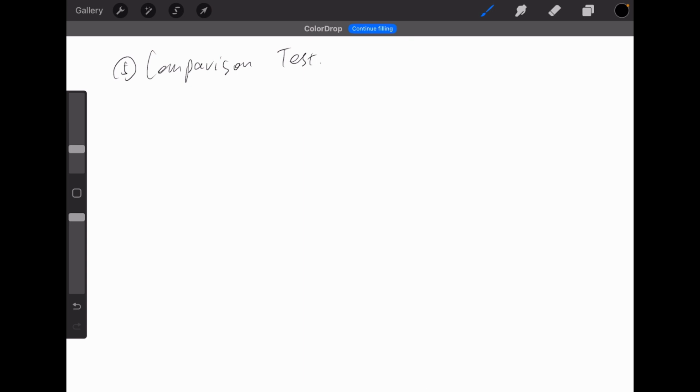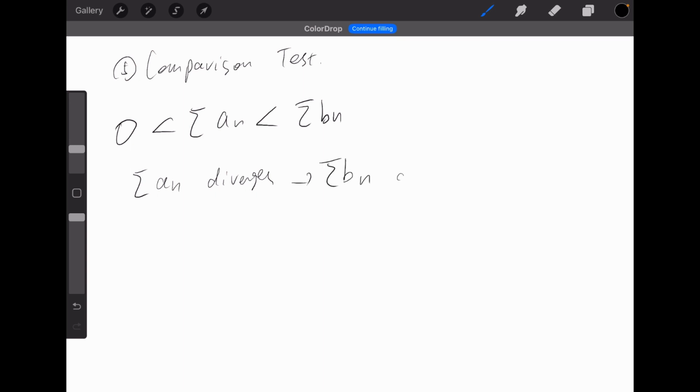So for example, if you have one series an and another series bn, and an is smaller than bn and they're all greater than 0, then if an diverges, then bn must also diverge. If the bigger series, in this case bn, converges, then an also converges.